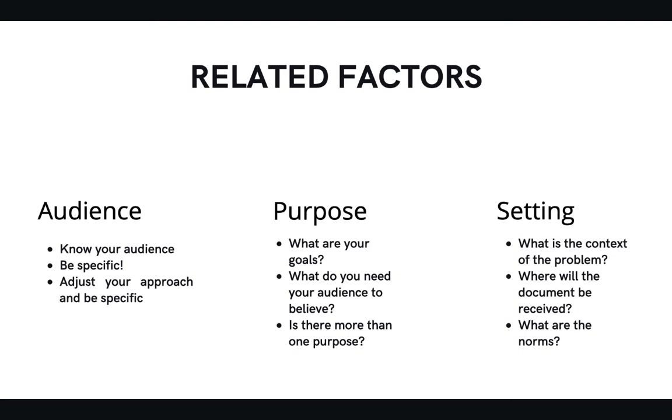Another related factor is the setting. It's very important that you understand the context surrounding a problem. If you don't understand what's going on around with your audience, with your purpose, and all of the things that are building up to that, then when you write something, it may not be as effective.